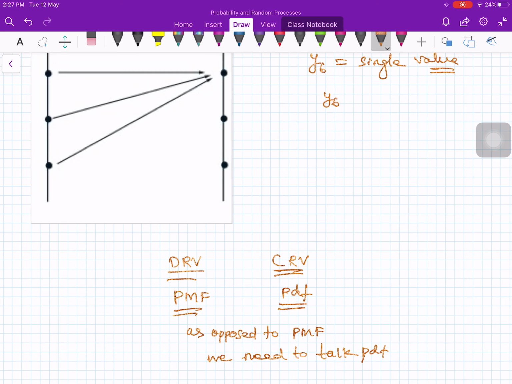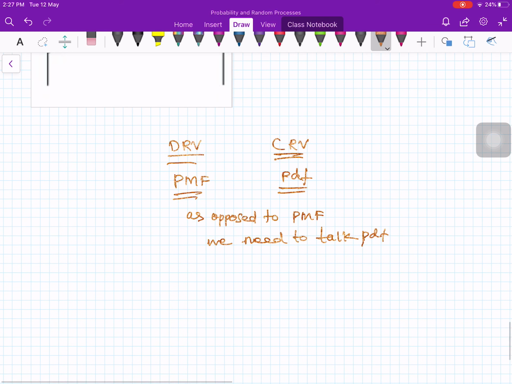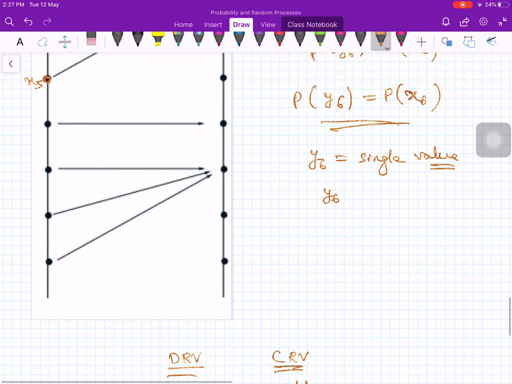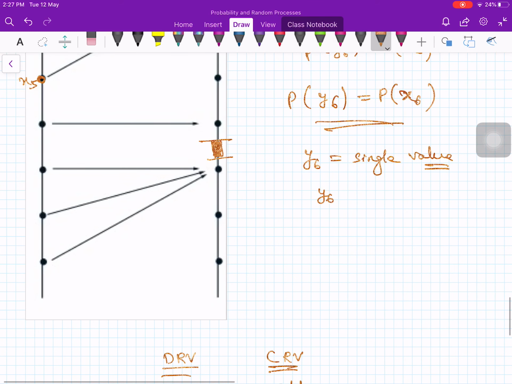So you might argue as follows. Instead of taking a single point, I am going to look at an interval for y. Let's say this is my small interval, and this is the interval in y. Let me call this interval I1.